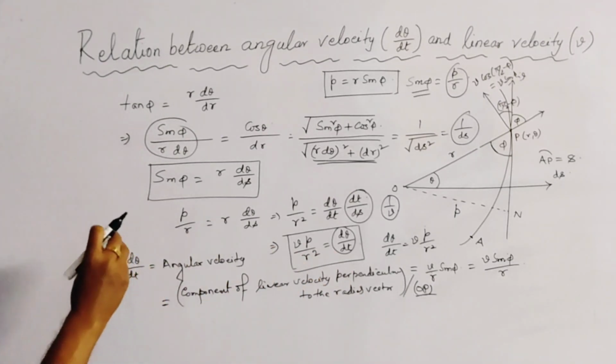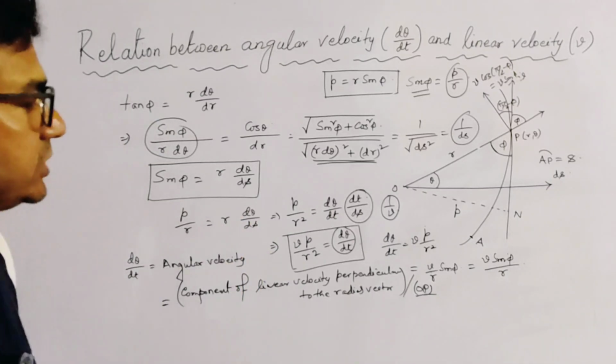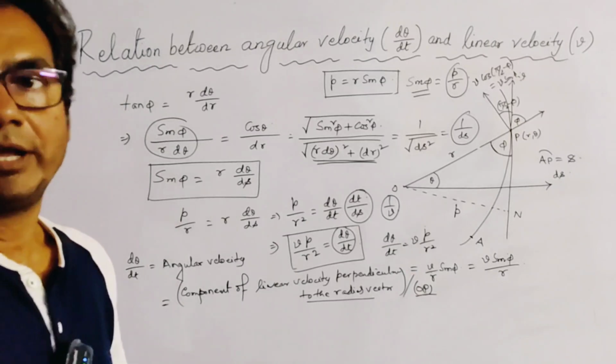So the angular velocity is equal to the component of linear velocity perpendicular to the radius vector divided by the length of the radius vector.